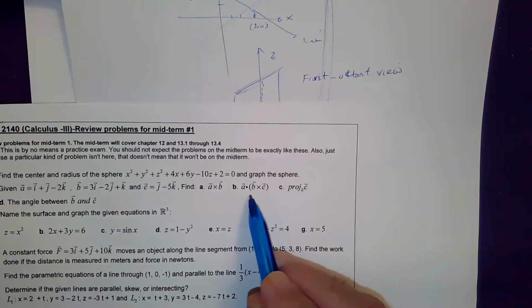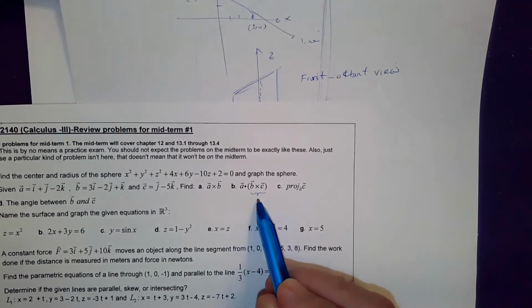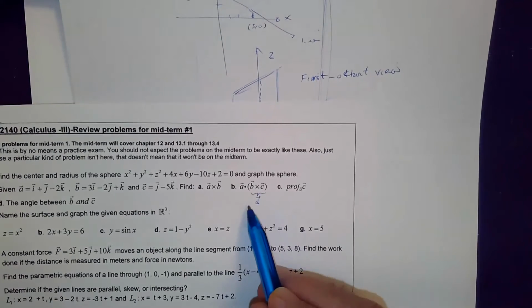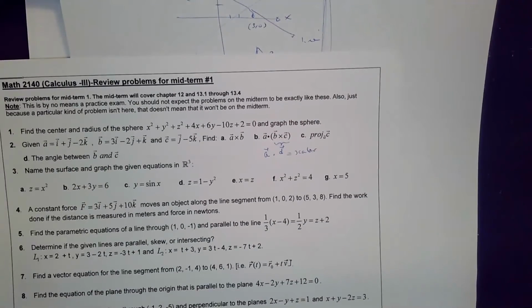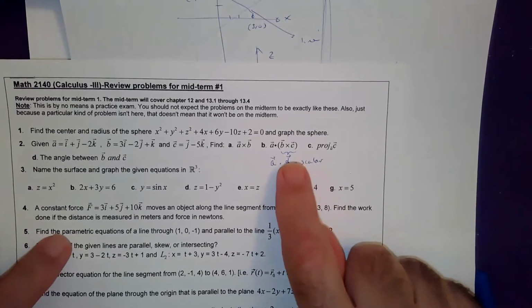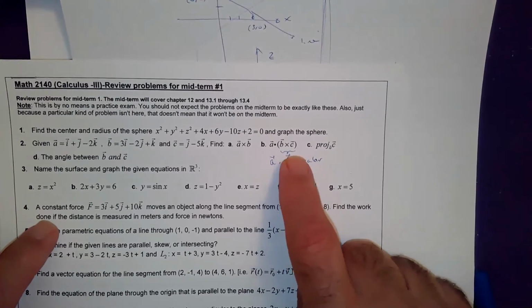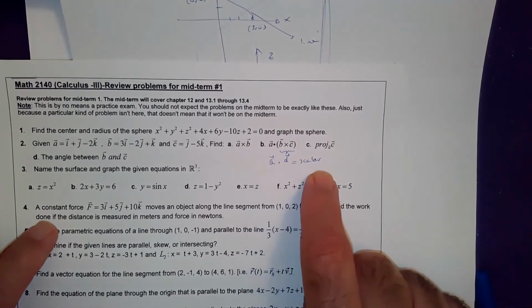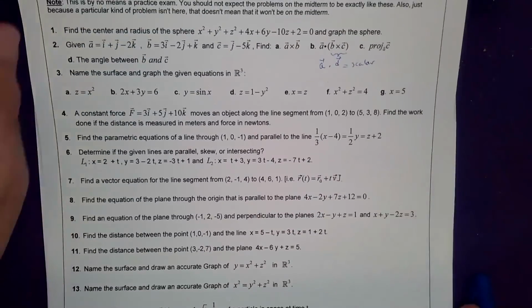The answer is a scalar because the dot product never gives you a vector. This gives you a vector, let's call that vector D. But A dot D is a scalar. So the answer is going to be a number. Do what's inside the parentheses, which is a vector cross product, then dot it with vector A, and make sure you get a number. Okay, problems 1 through 5, we good?